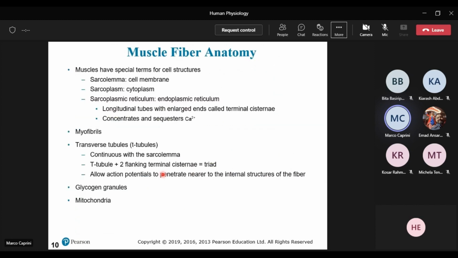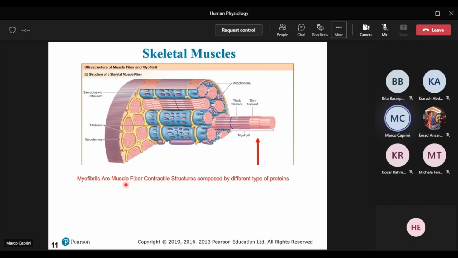Let's see one figure. Okay, this one. This is the structure of the skeletal muscle fiber, where we can recognize all the structure that we just named. Okay, the T tubules in yellow here. The T tubules are a component of the sarcolemma that goes inside of the muscle, from the outside to deeply inside of the skeletal muscle.